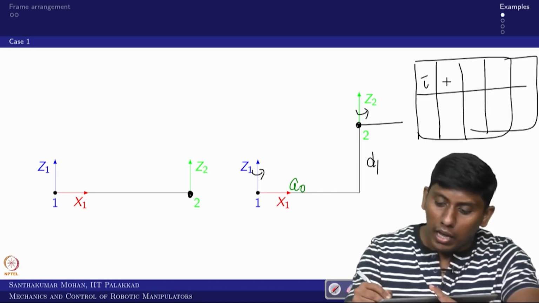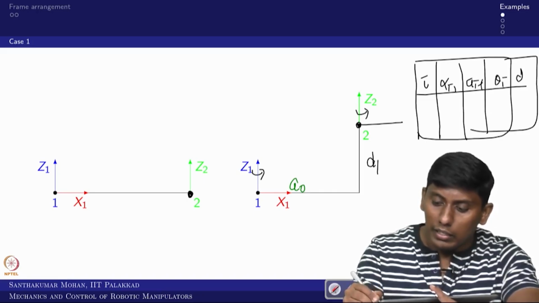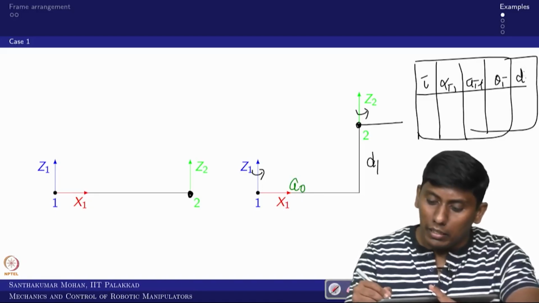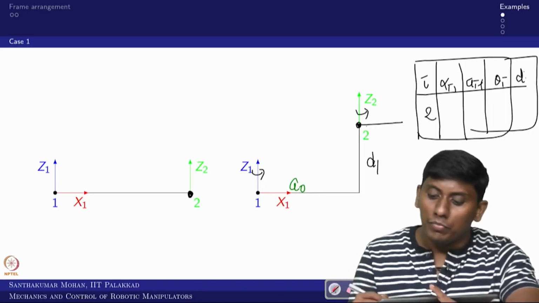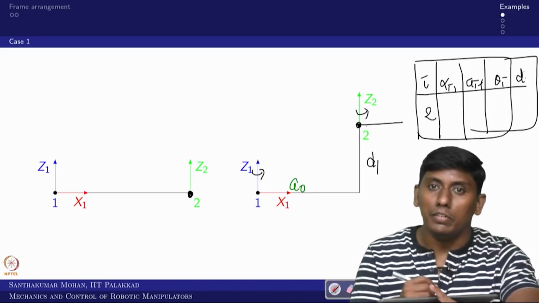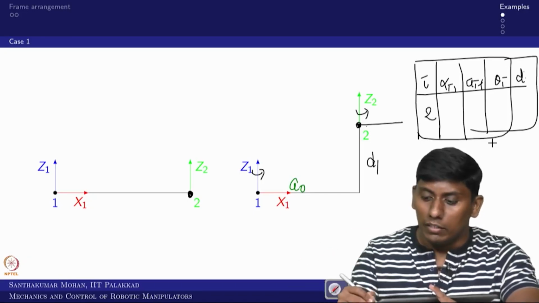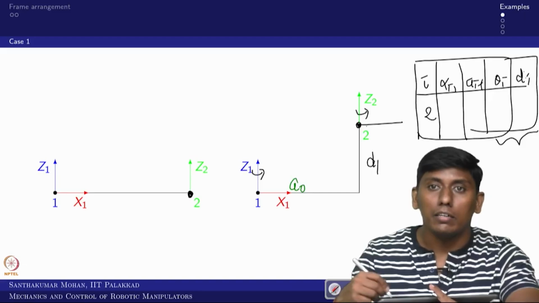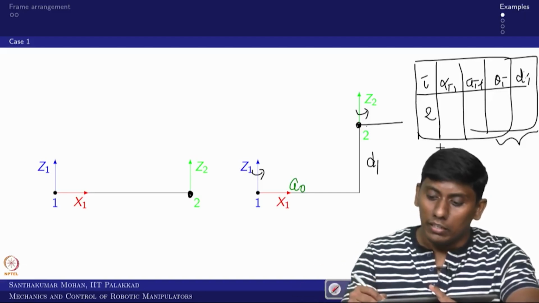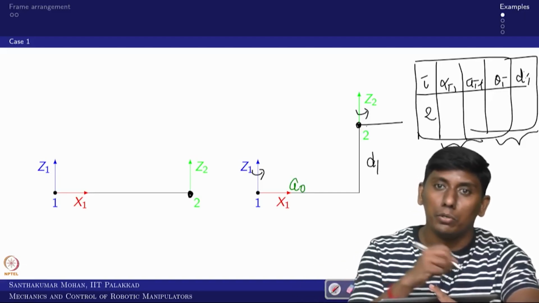it is alpha i minus 1, a i minus 1, theta i, and d i. So when we write whatever number here, this number we see with respect to the previous, and this number we see with respect to progressing. The joint parameter is seen progressing, and the link parameter is seen with respect to the previous.